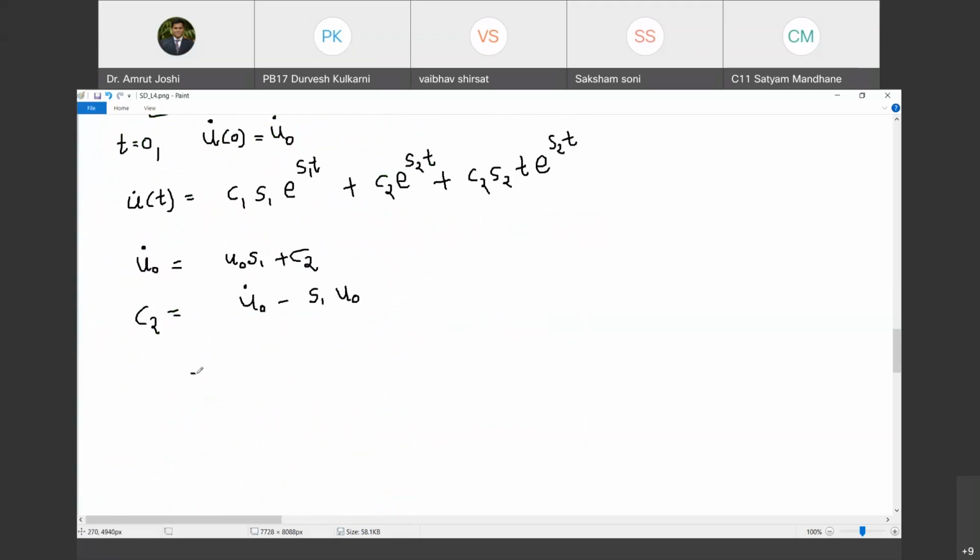Agreed? Minus c by 2m. Happy? Vaibhav? Yes. Okay. So therefore c2 is equal to u0 dot plus c by 2m times u0.